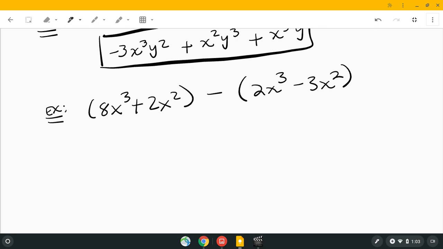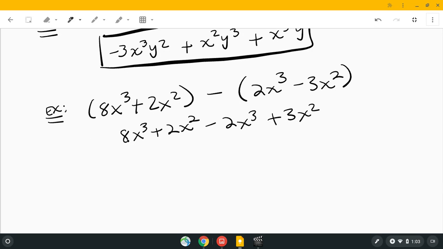Before I start combining, I am going to bring this down, but now I'm going to distribute this subtraction. So I'm going to put down negative 2x cubed and this will become positive 3x squared. When you distribute this negative, this becomes negative 2, and this becomes positive 3. So when it's subtraction, I will do this extra step before I start combining like terms.